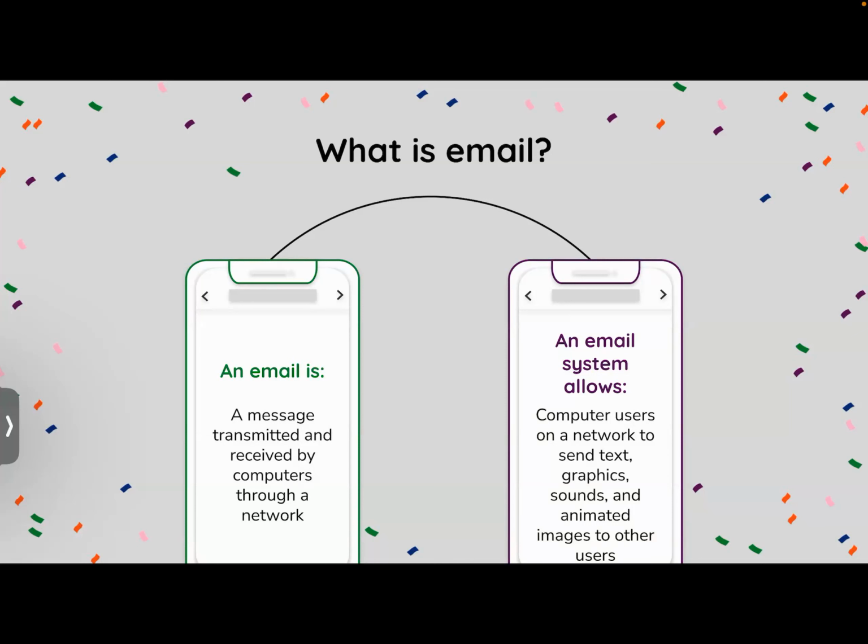So without an email system, there would be no email, okay? You're allowed to send text, graphics like pictures and videos, even sounds like MP3 files of that nature. You can have GIFs, PDFs, many different types of documents on an email. So it's very versatile.